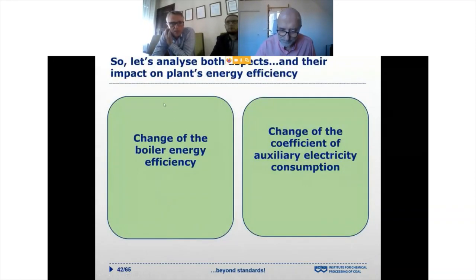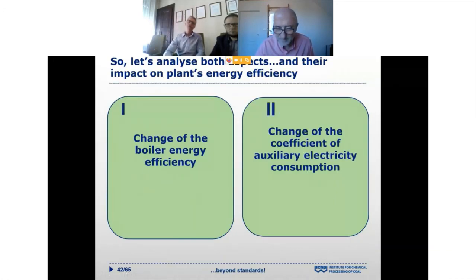So in my opinion, we should analyze both of these aspects, and I will try to do that separately. First, the change of the boiler energy efficiency, and then the change of the coefficient of auxiliary electricity consumption. We can use two different coefficients to evaluate that. The first assesses the energy efficiency of the boiler.